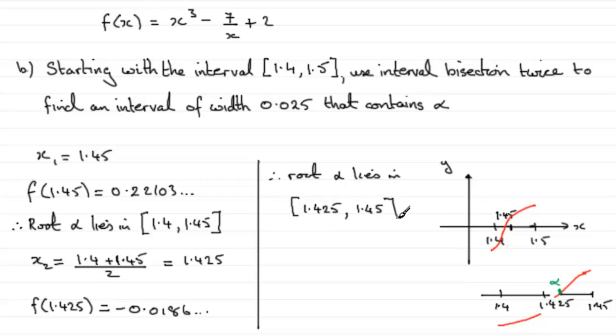You'll see that the width of that interval, if you subtract those two values, 1.45 and 1.425, you'll end up with 0.025, so a width of 0.025. And there you go. That should prove that answer.